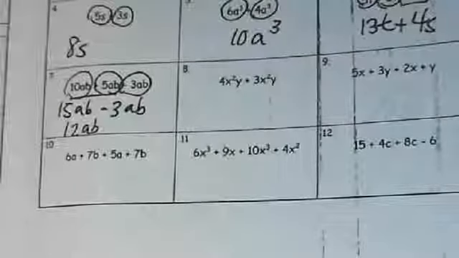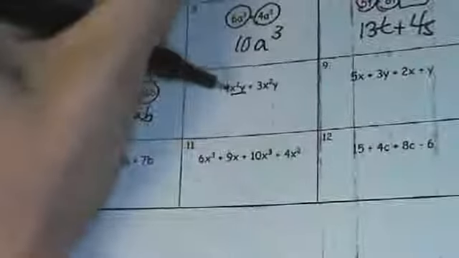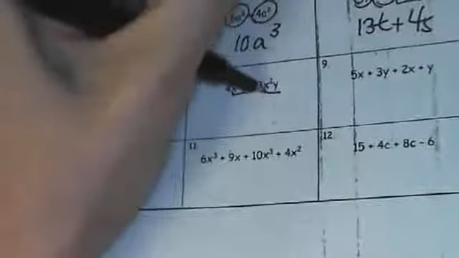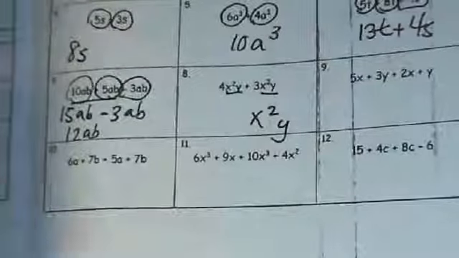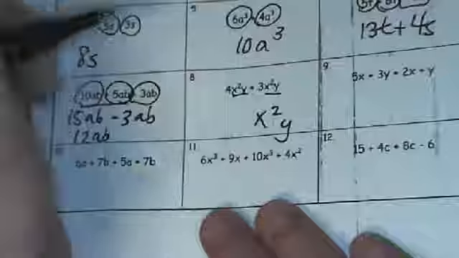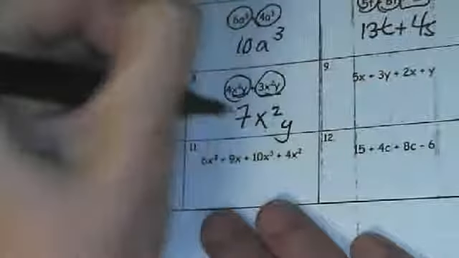Number 8. Okay. Watch, they both have the same x squared y, and this one has x squared y, so I can combine those. I just rewrite the term that they have in common, and then I add the coefficients, which is 4 plus 3. 4 plus 3 is 7. That's it.